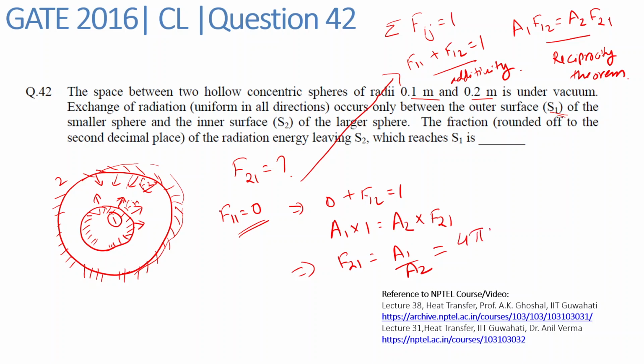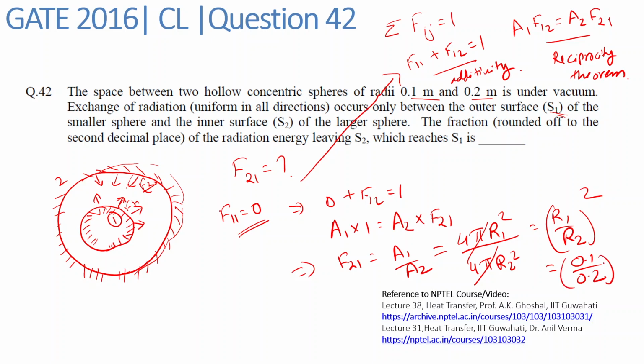For the first sphere it will be 4 pi r1 square, and for the second sphere 4 pi r2 square. 4 pi will get cancelled, and we will have r1 upon r2 whole square. We have been given the values, so it will become 0.1 upon 0.2 whole square. Ultimately it will become 1 by 4.